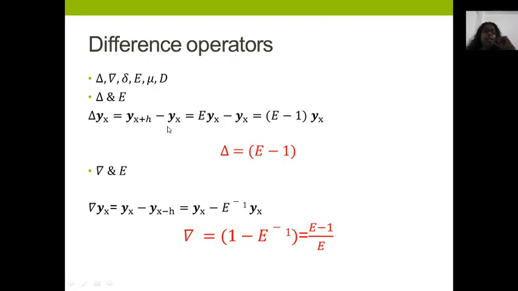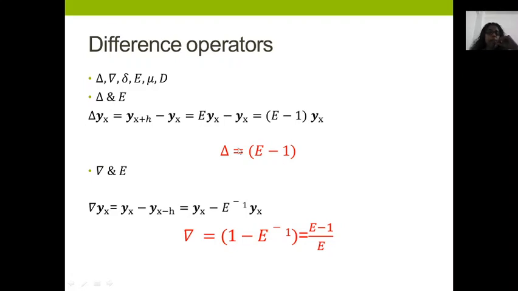Am I right? y of x plus h in terms of the shift operator is E into y x. That means y of x plus h is the next value of y x. So this is E y x minus y x. Taking y x common, E minus 1 y x. You can see that delta is equal to E minus 1.